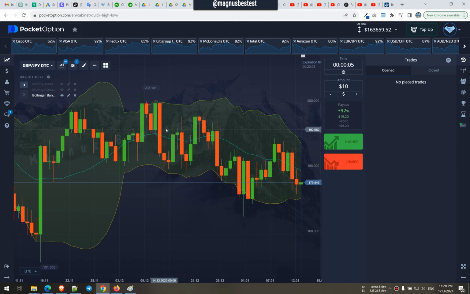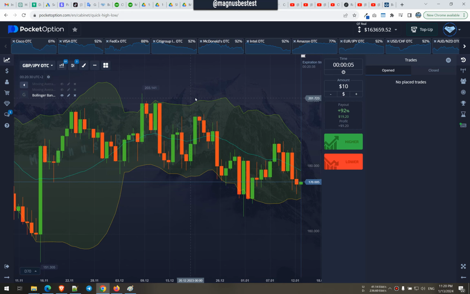So here we go, this is the 20 moving average, the average of 20 bars back, including this candle, and here you can see the average of these 20 candles, but closing prices, okay?